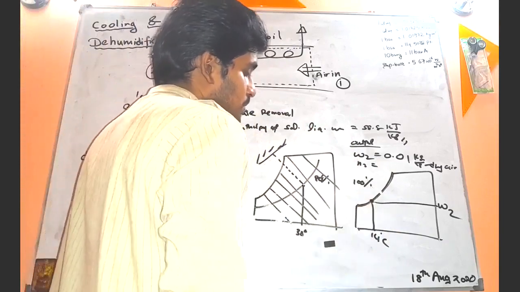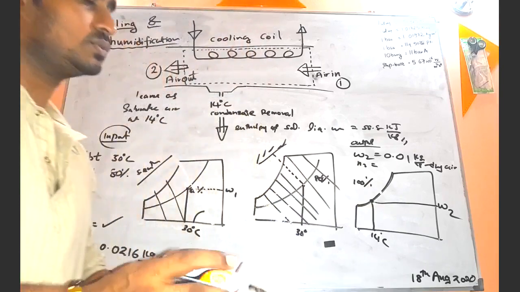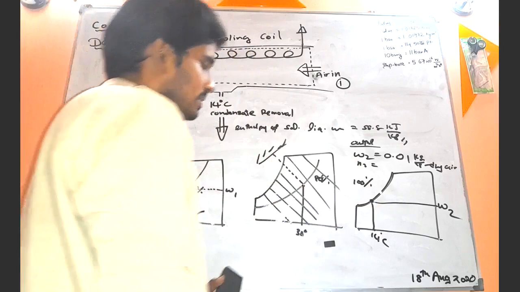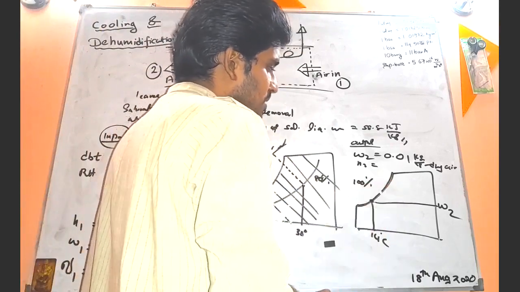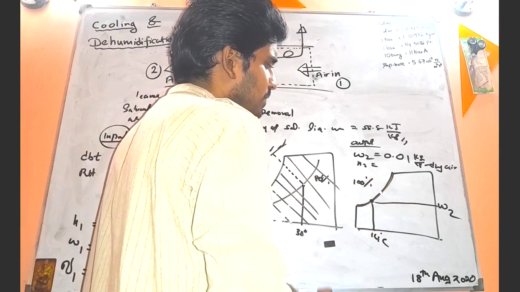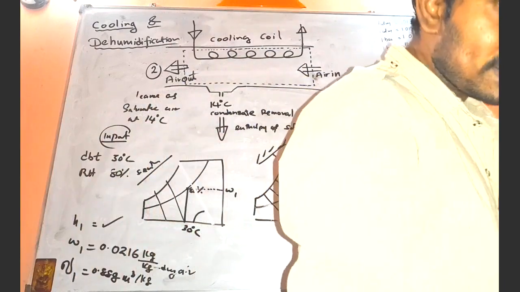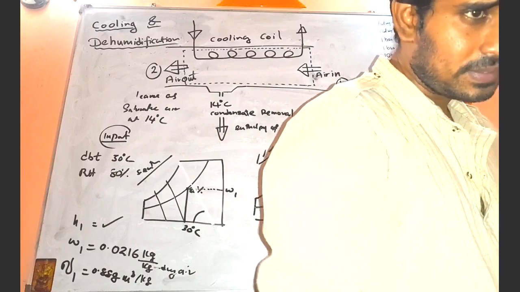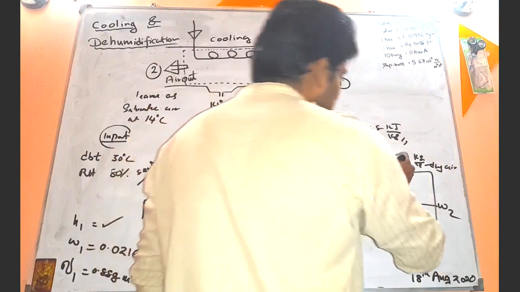After using two rulers, project it. Then you will find the specific enthalpy. If you carefully find, it must be 39.3, h2 is 39.3.